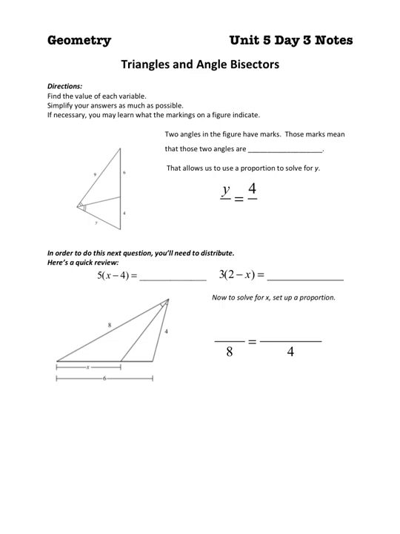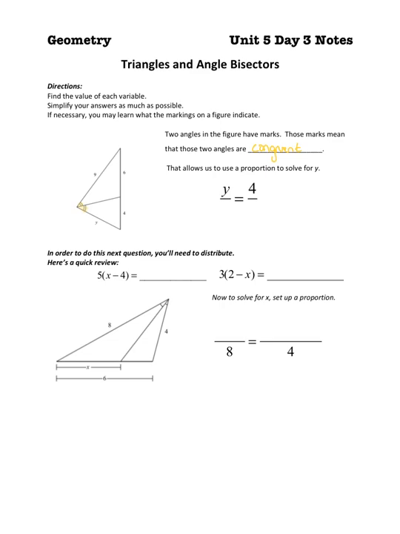All right, last part of Unit 5, triangles and angle bisectors. All right, so let's do some things. We know two angles in this triangle have marks, and I'm going to highlight them here and here. Remember, those marks mean those two angles are congruent. All right, so what we can say is we can put things in proportion.